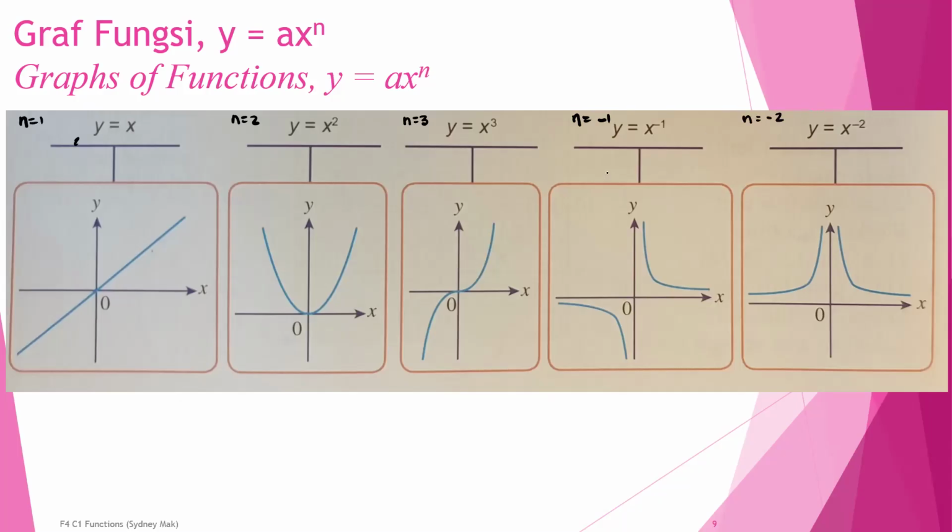And negative 1 basically is y equals 1 over x. This one is y equals 1 over x squared. We call this reciprocal graph, whereas this one is reciprocal quadratic.